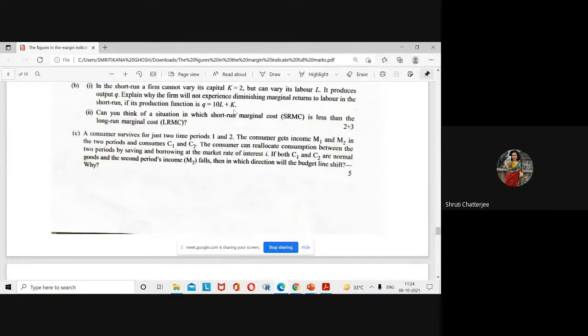Ma'am, here for Q equals 10L plus K, when we deduce the MPL, dQ by dL, it is equal to 10, which is constant. Yes. Whereas MPL is constant, so it is not diminishing marginal return to labor, right? Yes, ma'am. Anything else?